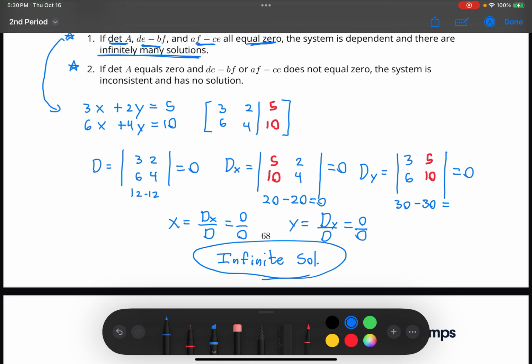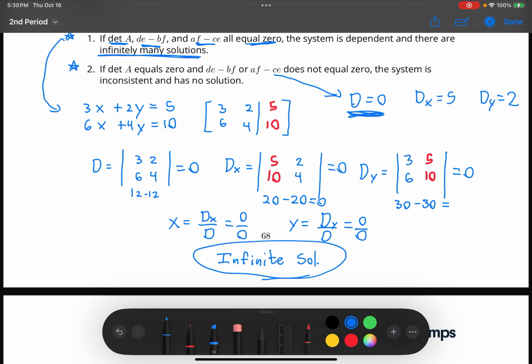Now, if instead, your determinant would have been 0, for example, but let's say dx would have been like, say, 5, and dy would have been, I don't know, let's say 2, then that means that you have no solution. And be careful, if this number is anything other than 0, but you have zeros everywhere else, you are going to get a solution, all right?